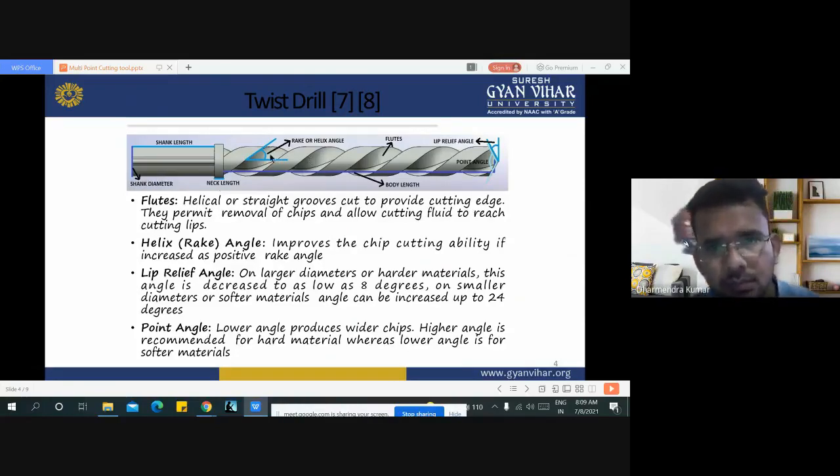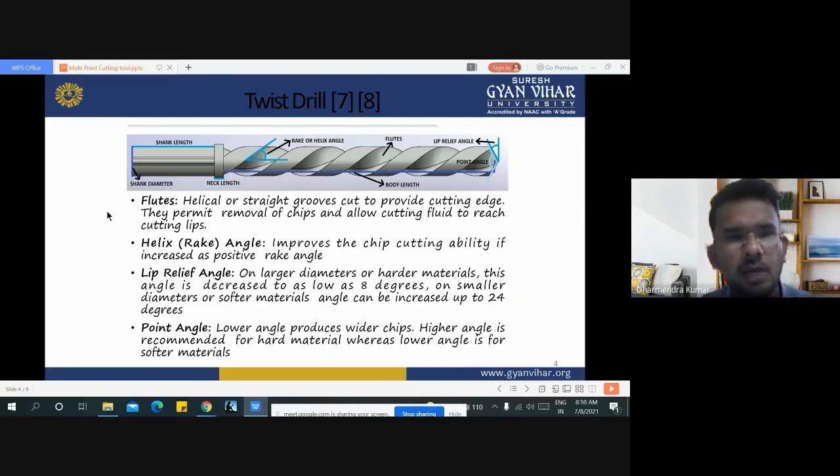This is known as rake or helix angle. This is flute, we have discussed earlier. Lip relief angle, this is known as the tip of the drill bit. This is point angle, and this overall is known as body length.